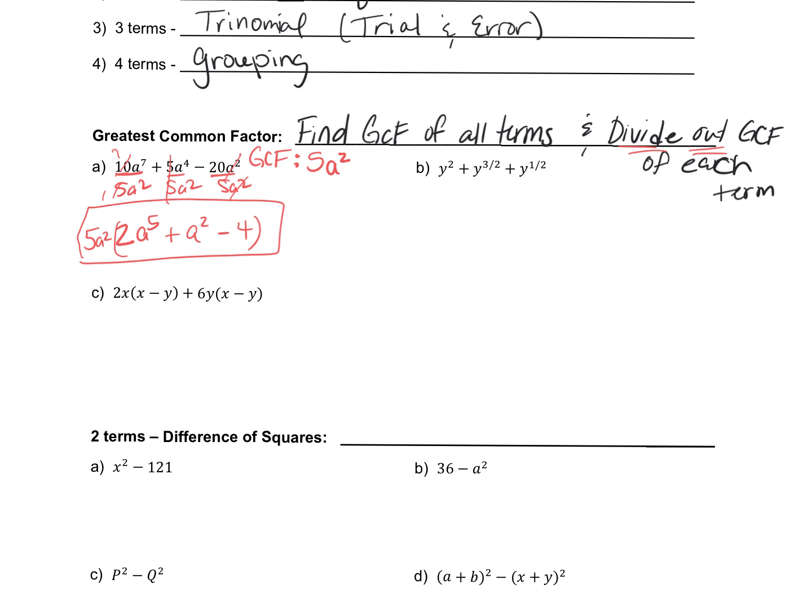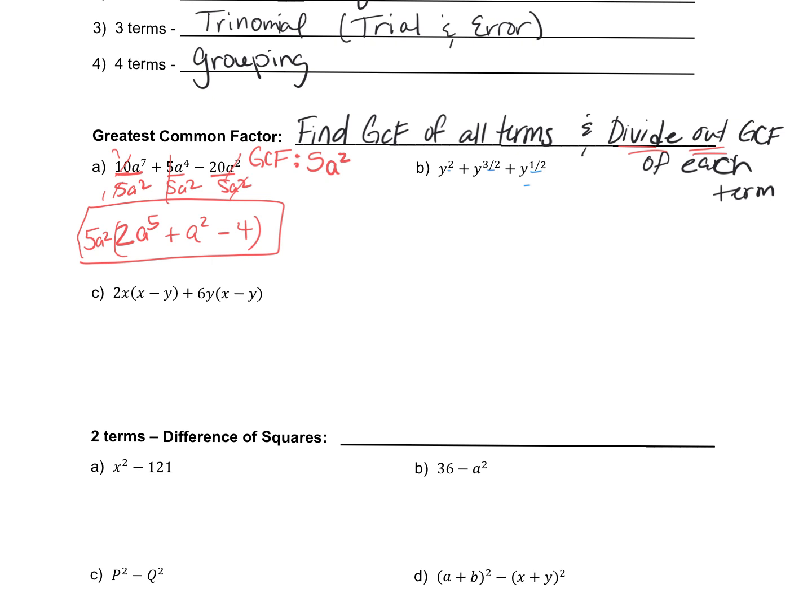Letter B. All right. When we're dealing with fractional exponents, again, like we always do, we pull out what we can. You're going to pull out the smallest thing you can when it comes to the variables. Well, 1/2 is less than 2 and less than 3/2.